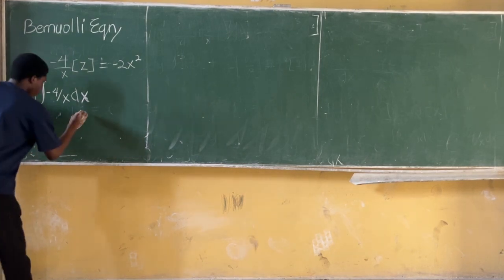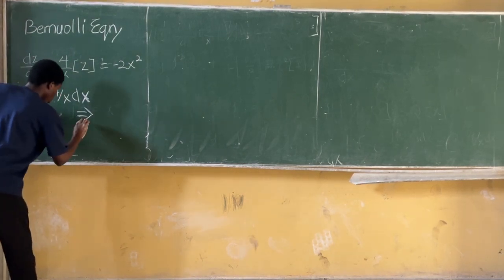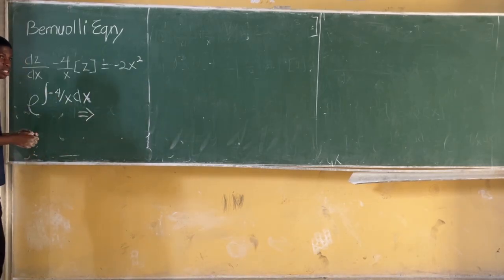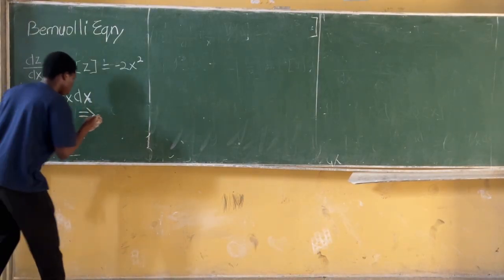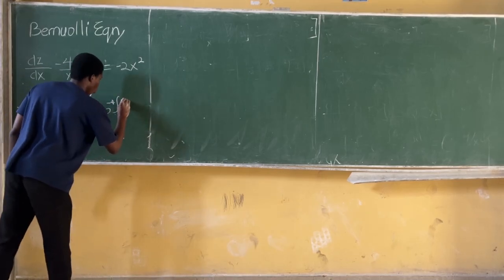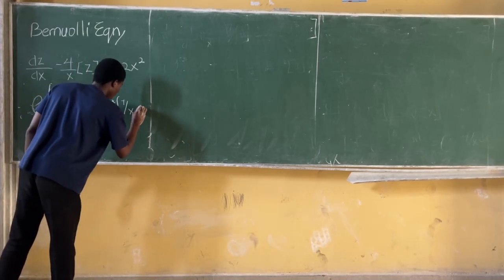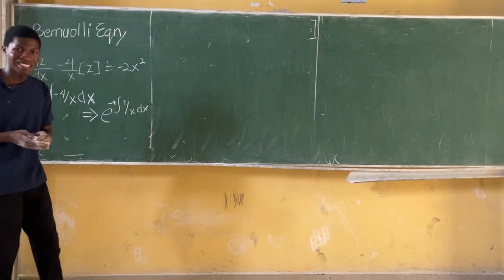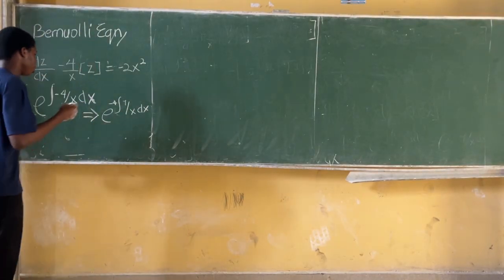If we take this minus 4 outside the integral, since minus 4 is a constant, it's going to be e raised to the power minus 4 times the integral of 1 over x dx. And you should always keep in mind the integral of 1 over x is simply ln x. So just keep that in mind.